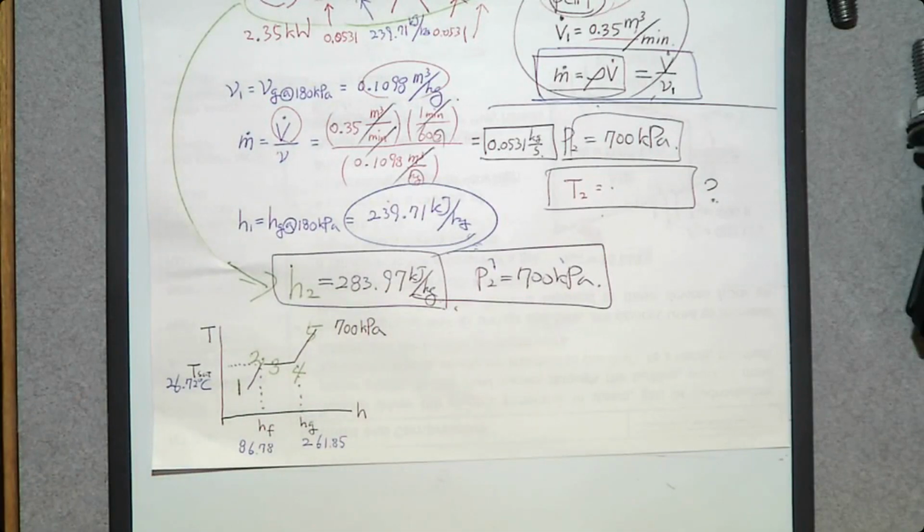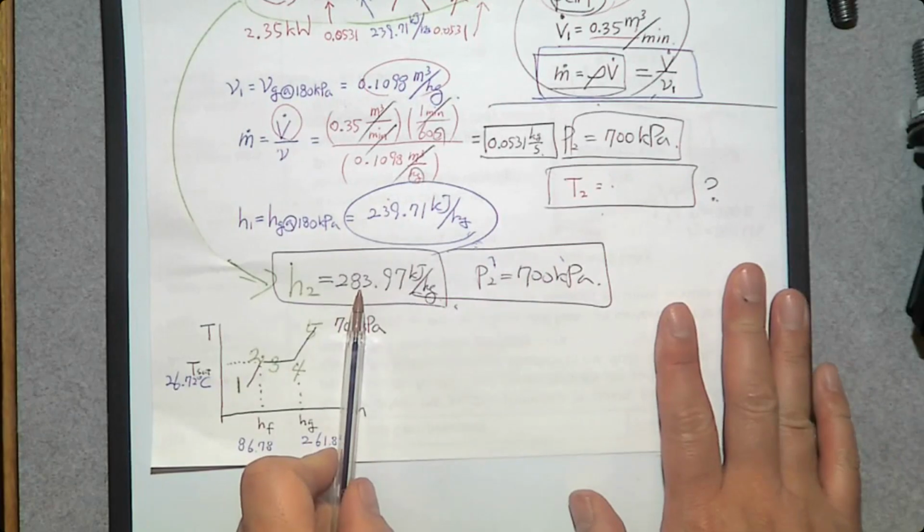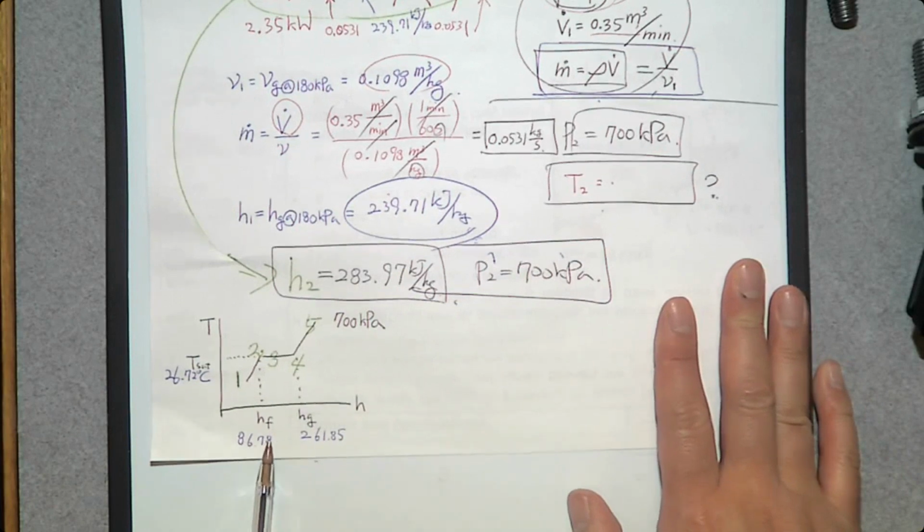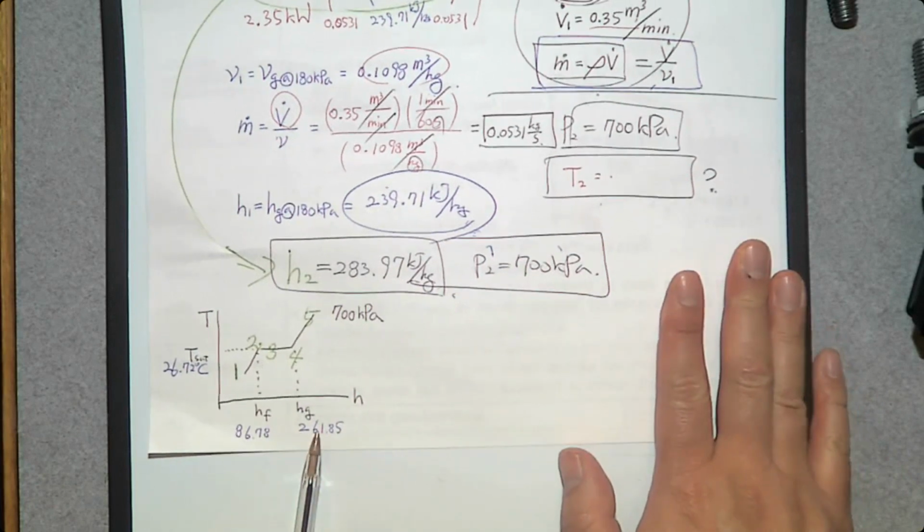So we made this T-H diagram using this pressure. Now, we need to find this H on this T-H diagram. So what is our H? 283. H is this horizontal axis. 283 is greater than 86, greater than 261.